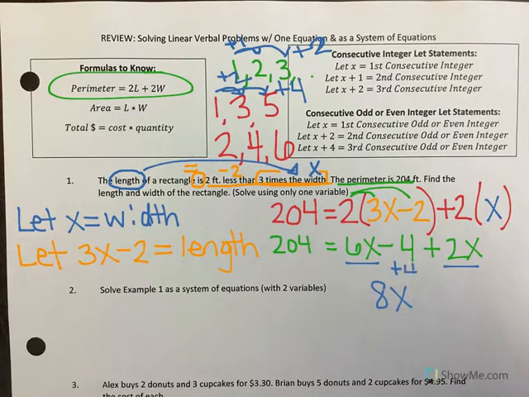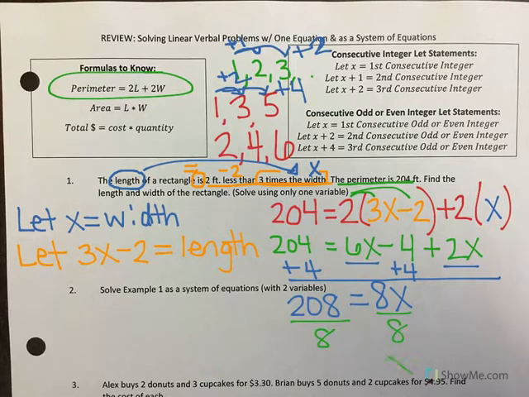In the same step, and to save room, also going to add 4 to both sides so that I can isolate my x's. I will end up with 208 equals 8x, and in my last step, I'm going to divide both sides by 8 so that I can find what x is, which again, remember, is our width. And so 208 divided by 8 will give me 26.